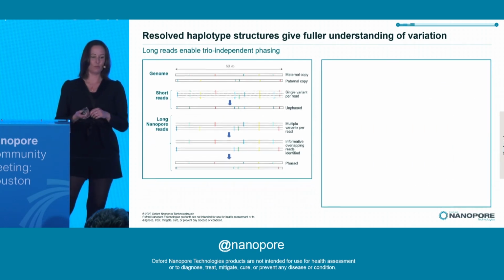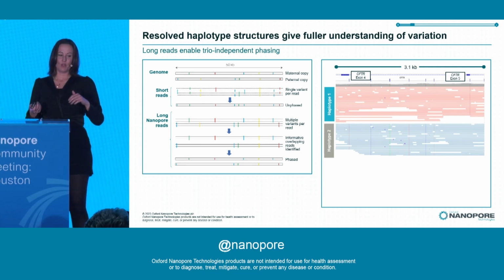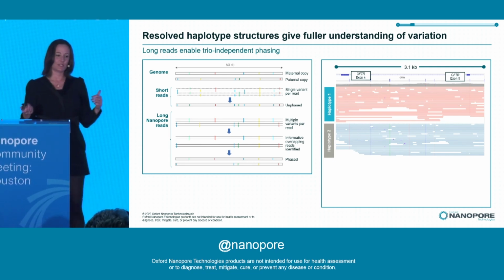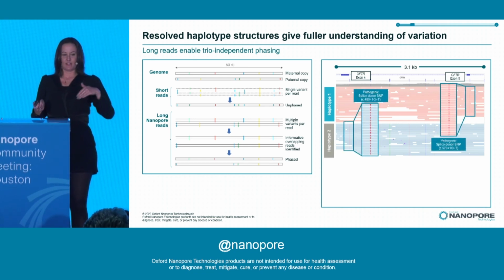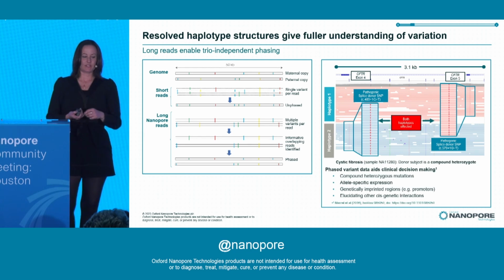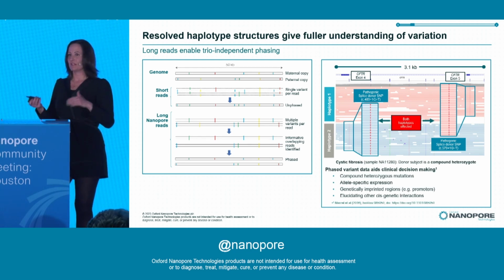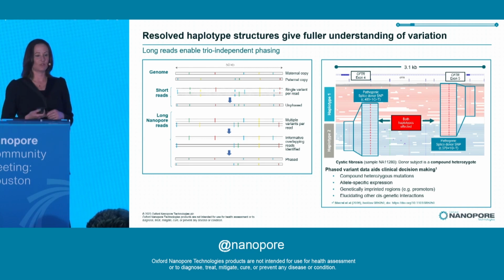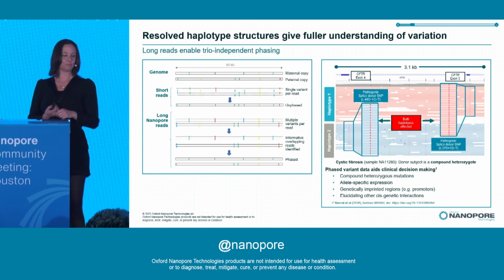With the same view, but with long-read sequencing, you can see that we are able to phase based on both the pathogenic SNPs and the non-pathogenic SNPs, and we're able to phase the two haplotypes out. You can easily see that the pathogenic variants are on different haplotypes. So this is a compound heterozygote, and both haplotypes are affected. This is a cystic fibrosis gene, so that's not a good case for this patient or this cell line sample.